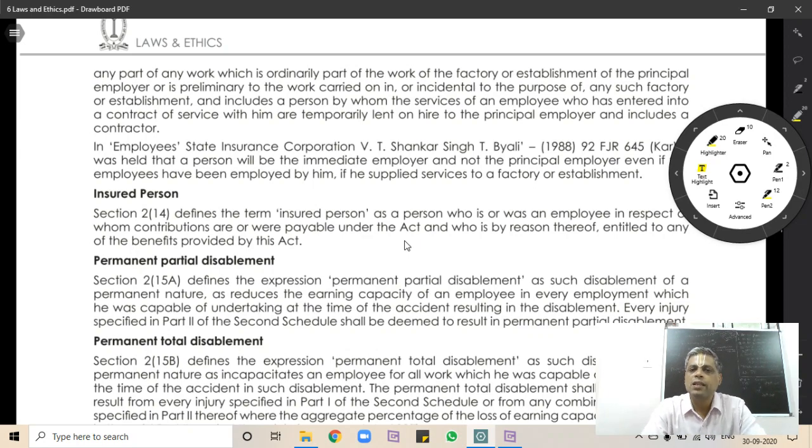But an insured person is a person who is or was employed in respect of a factory or establishment which is covered under the act, on whom the benefits of the employment are covered by this act, on whom contributions are paid or were payable under the act, and who is entitled to the benefits under the act. So, what is a permanent partial disablement?